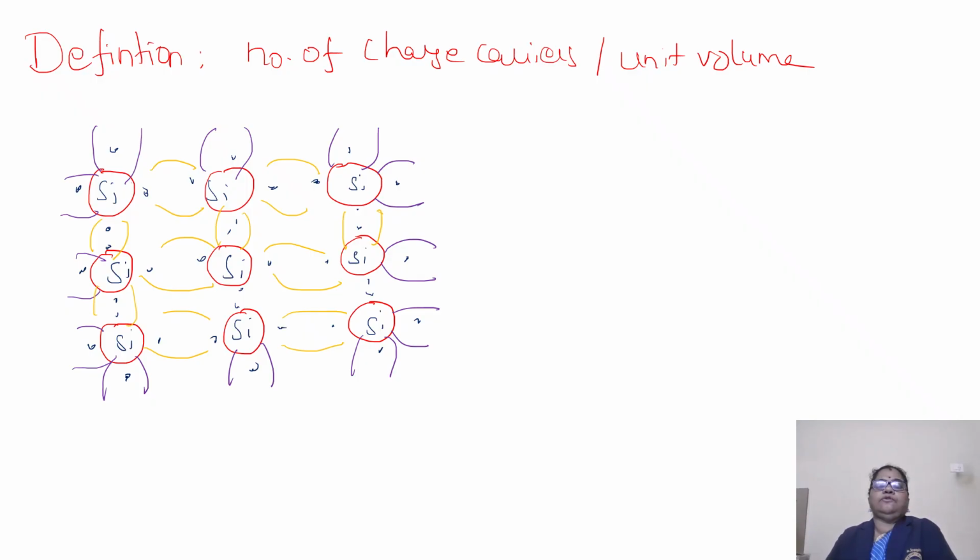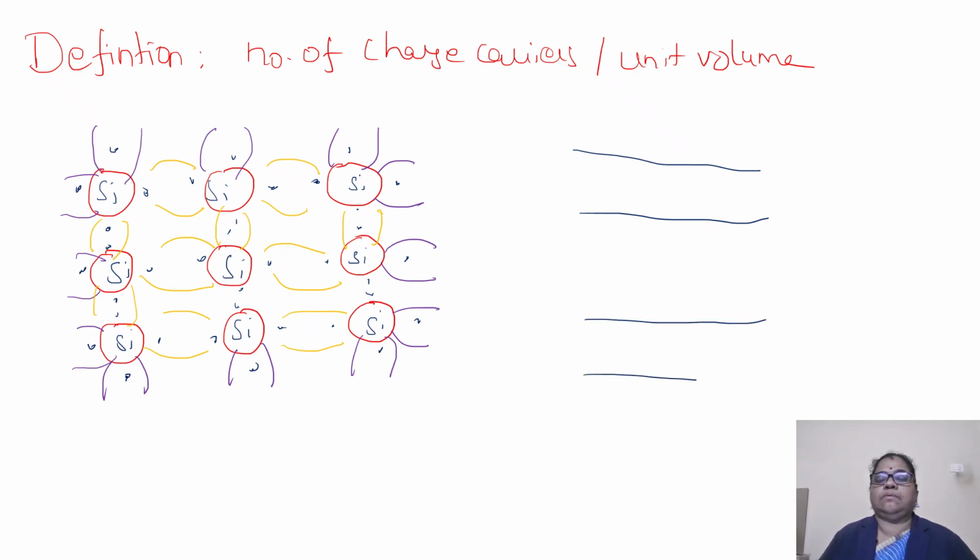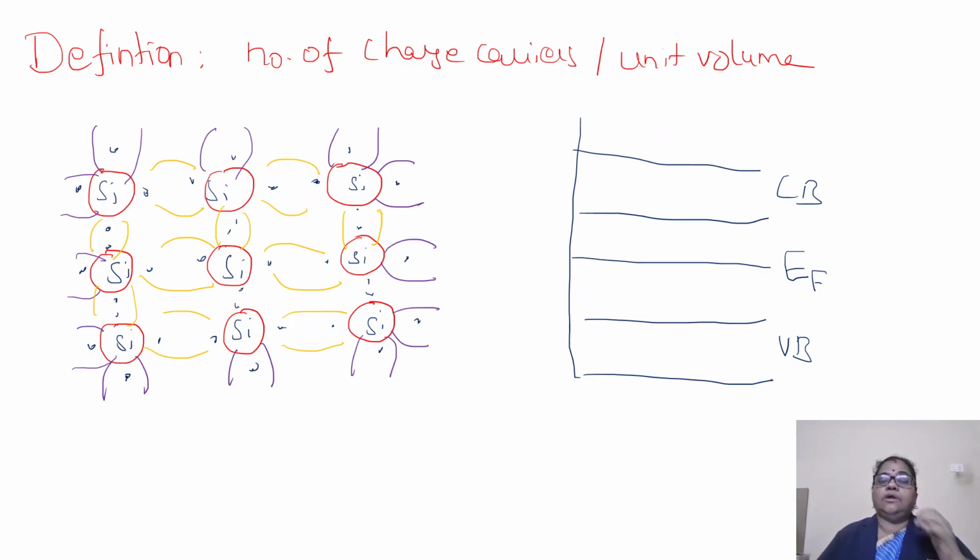When you see the energy band structure, this is the conduction band, and the Fermi energy level lies in between the conduction band and the valence band. In this intrinsic structure, the valence band is a completely filled structure.